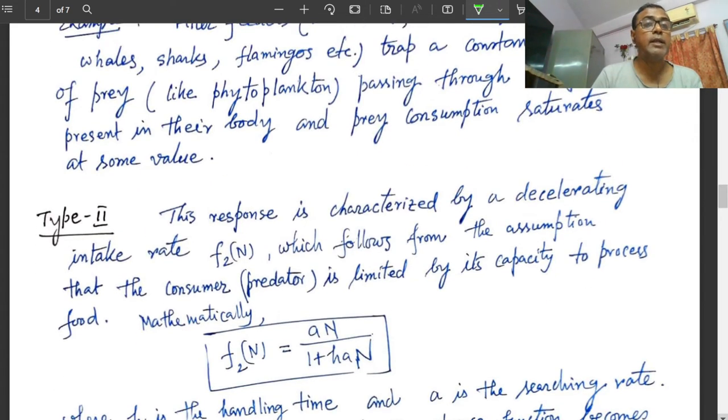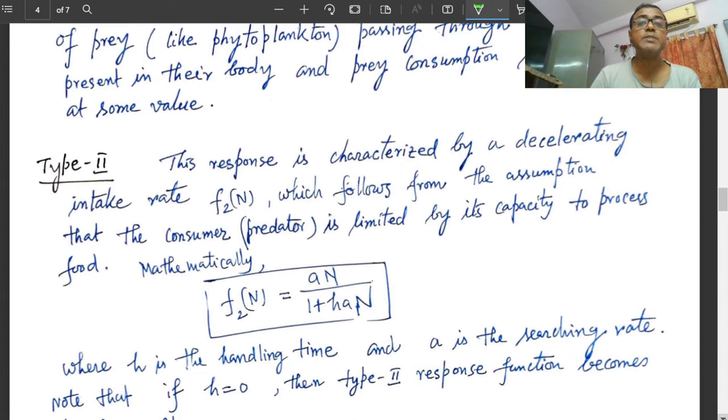Next, the type 2 functional response, that is the Holling type 2 response. This response is characterized by a decelerating intake rate f2(n), which follows from the assumption that the consumer, that is the predator, is limited by its capacity to process food.